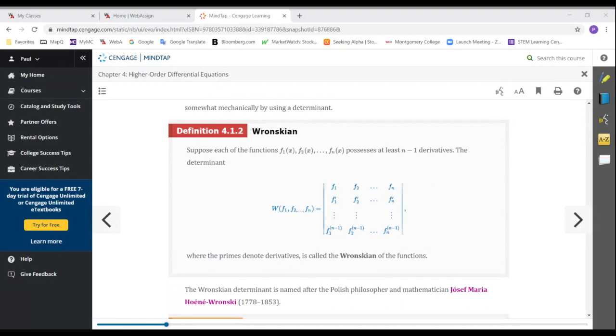So if you're going to see if 3 functions are linearly independent, you need to know about the function and its first 2 derivatives. Does this help a little bit, that example I did on the whiteboard? Does that help you intuitively appreciate it?